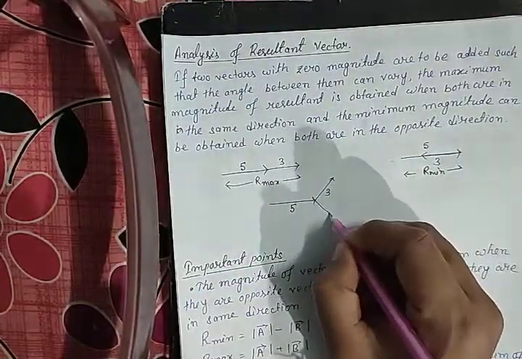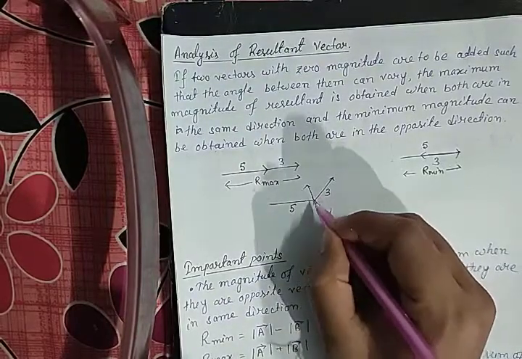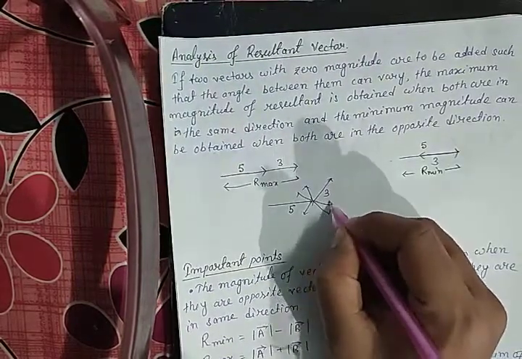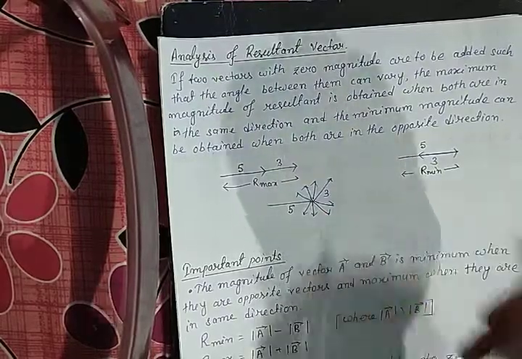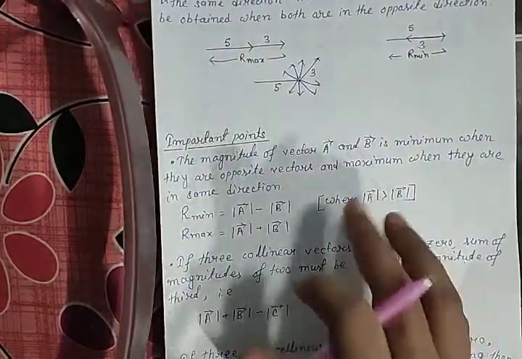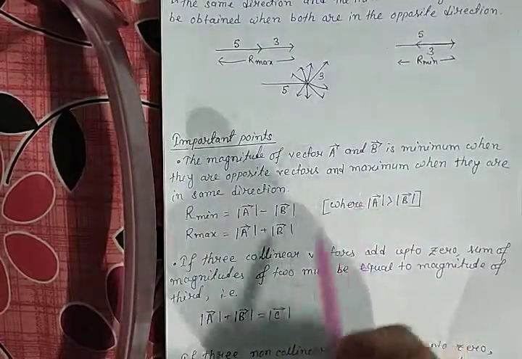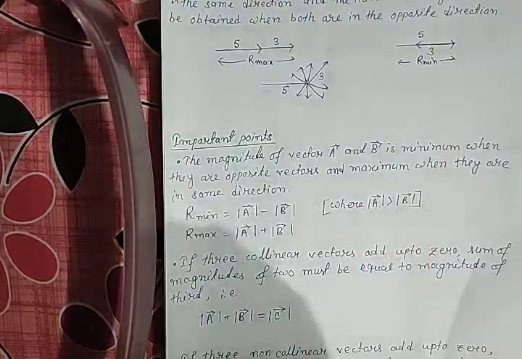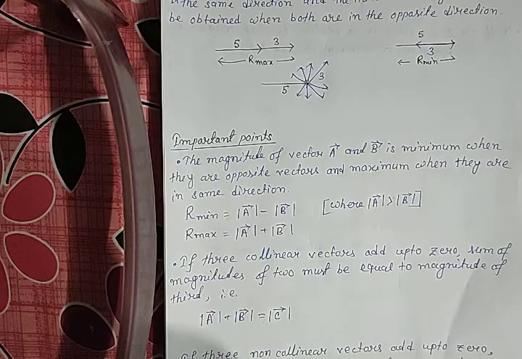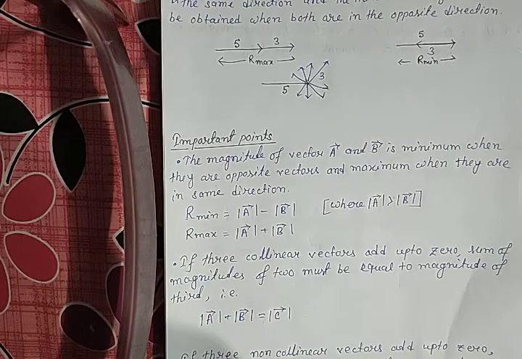In another way, you can say that the magnitude of the resultant of vector a and vector b is minimum when they are opposite vectors, and maximum when they are in the same direction.